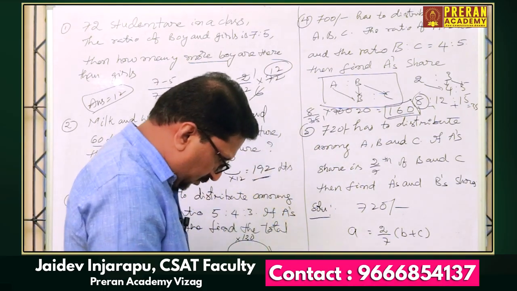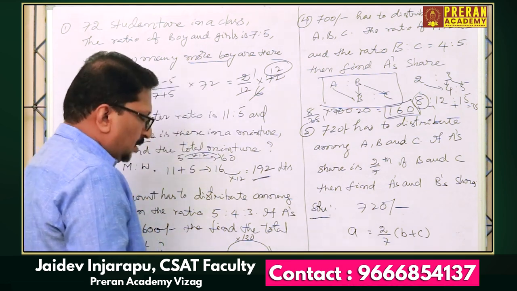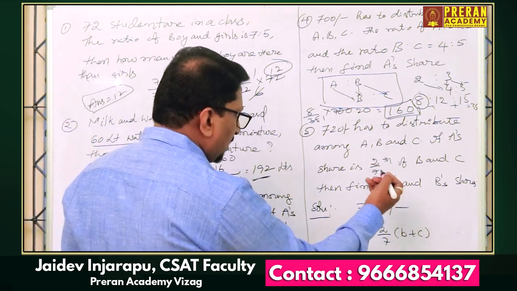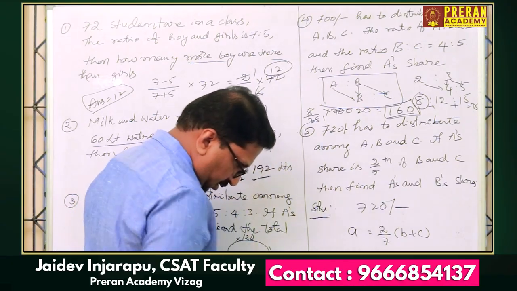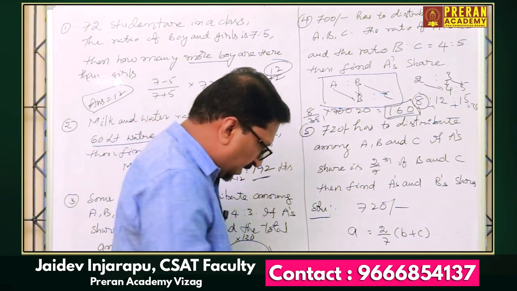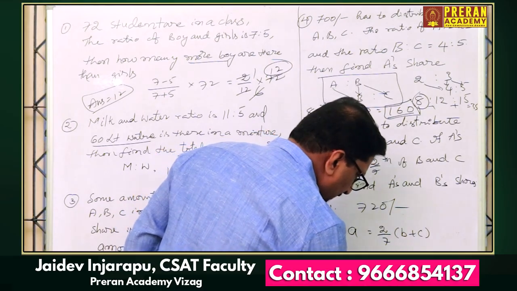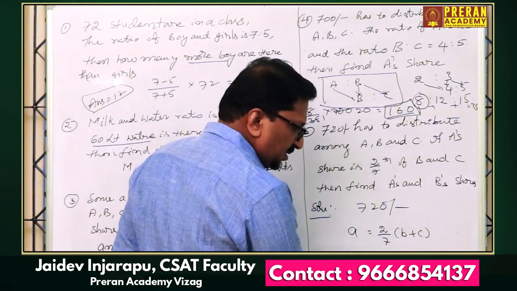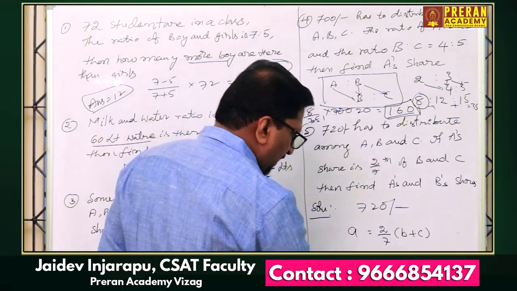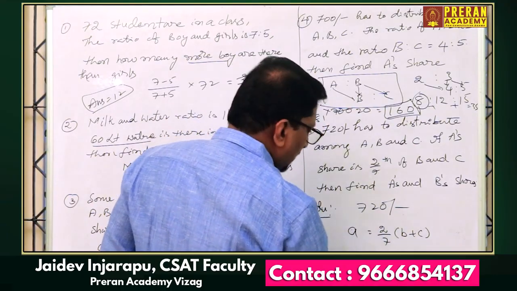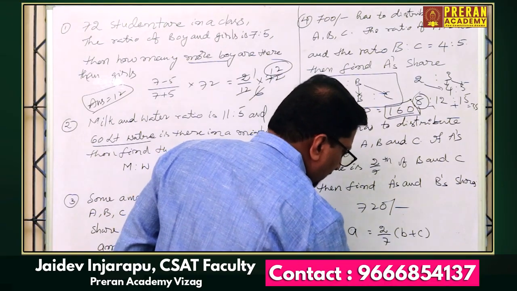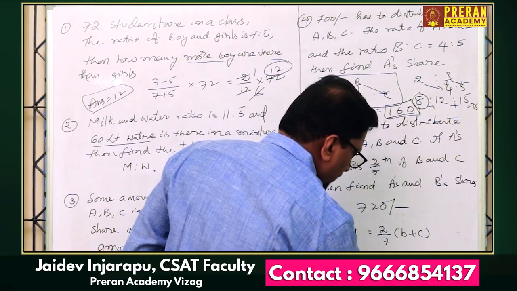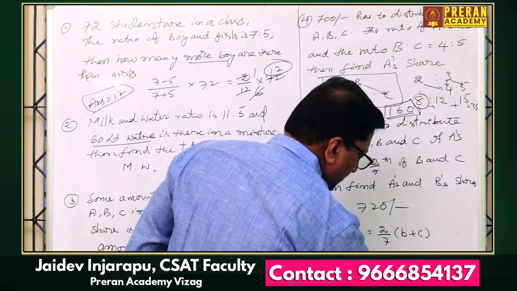So now A's share would be 2 by 9 parts, because 2 parts plus 7 parts, 9 parts, into the total amount 720. So 9 eights are 72, 0, so 160.